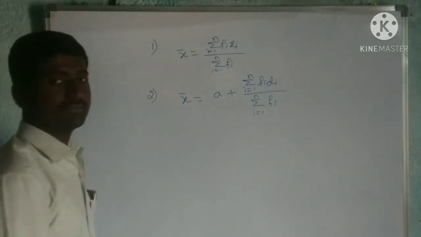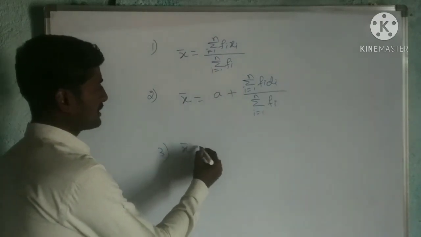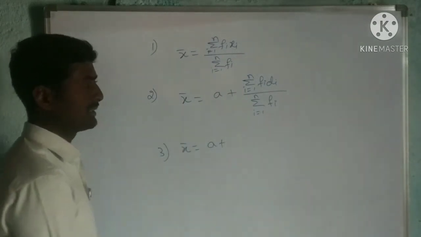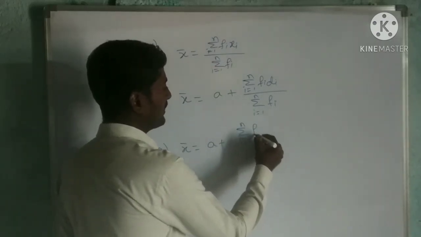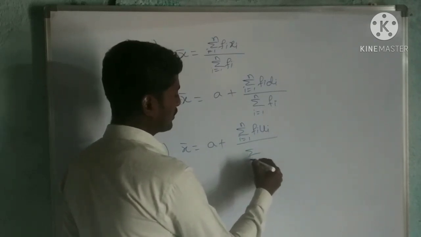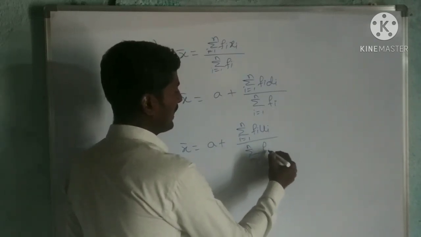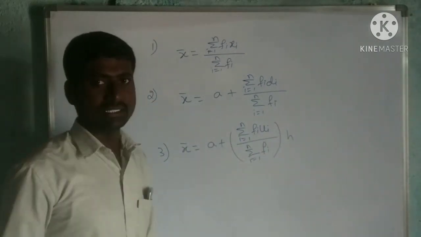Then the third one, x bar is equal to A plus summation i equals 1 to n of Fi Ui divided by summation i equals 1 to n of Fi, into h. This is the step deviation method.